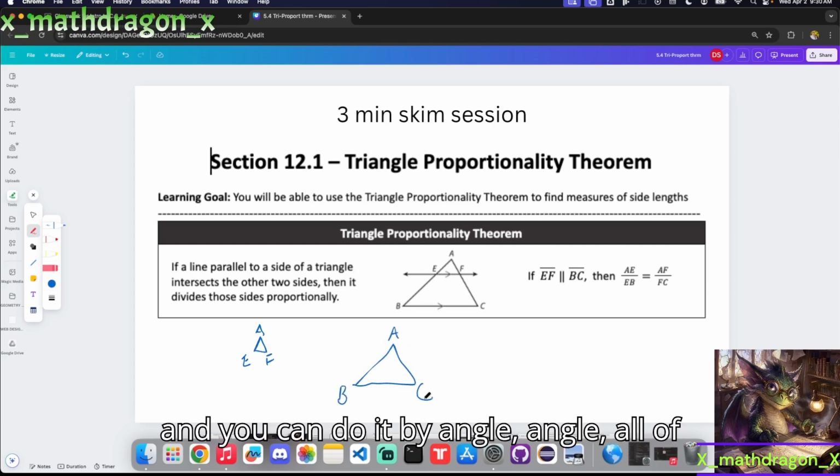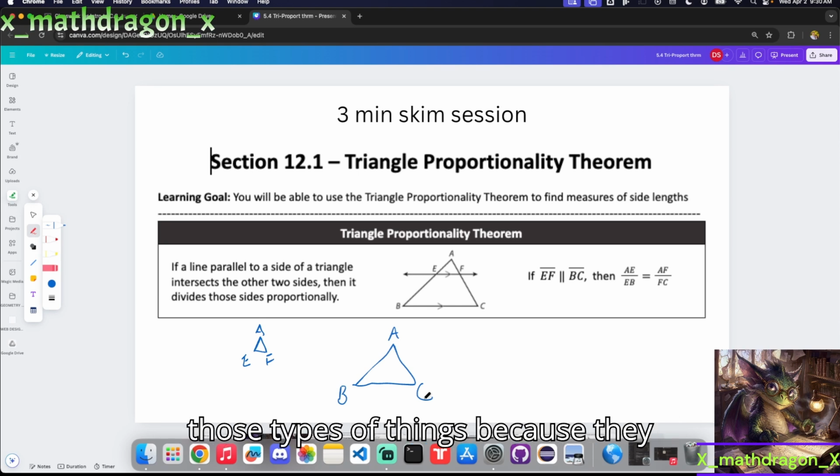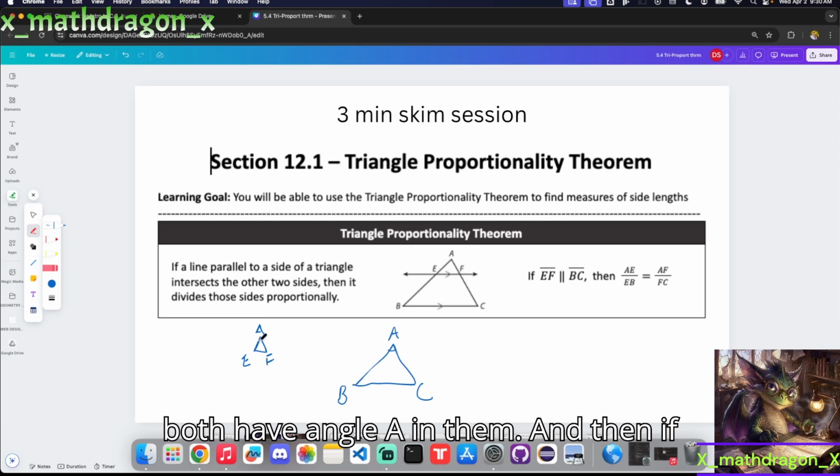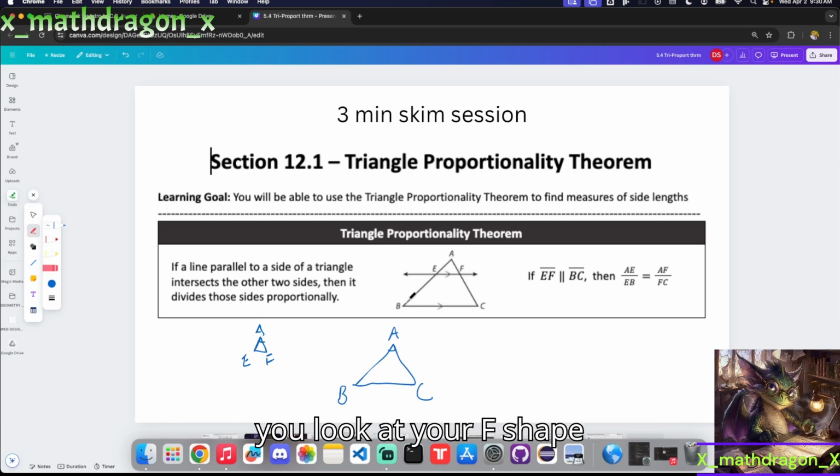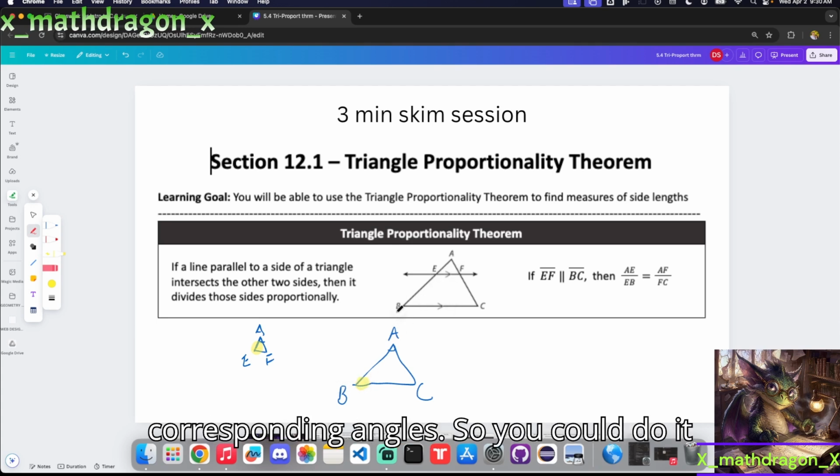And you can do it by angle, all of those types of things, because they both have angle A in them. And then if you look at your F shape, you could have angle E congruent to angle B because of corresponding angles.